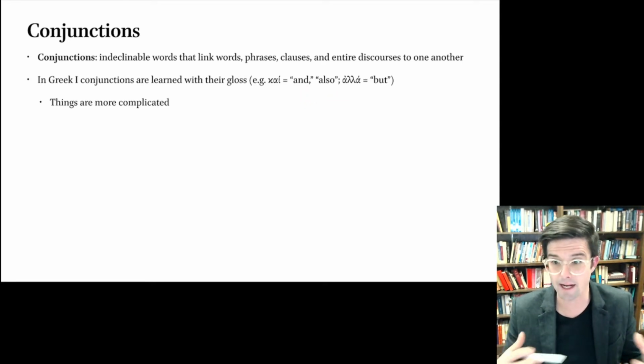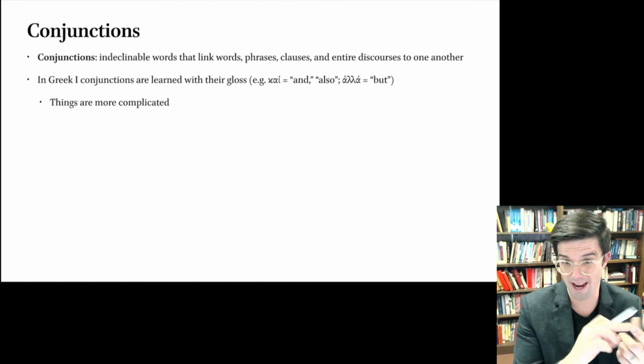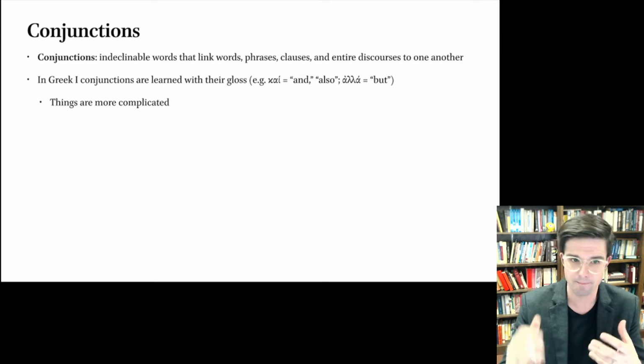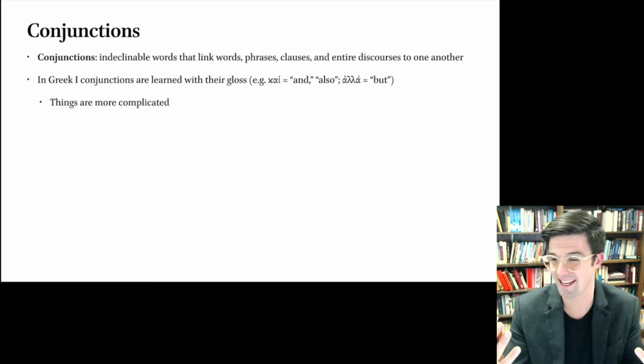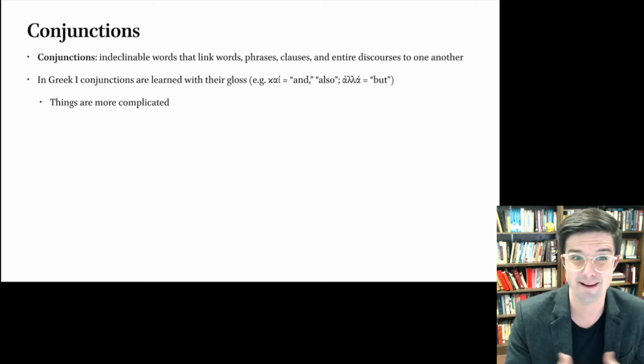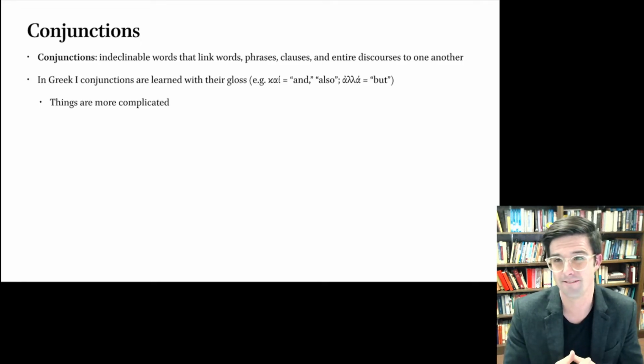And then by context, as you've translated, you have determined whether and, also, or even is the best translation. So, as is often the case in Greek, and specifically in second semester Greek, things are more complicated than are let on in first semester Greek.